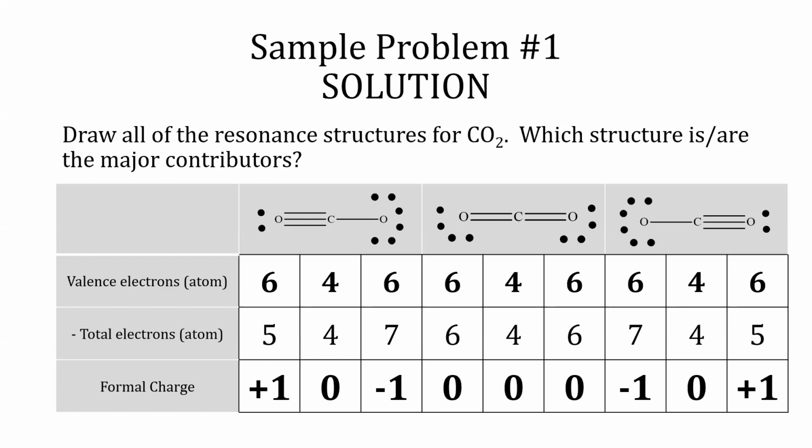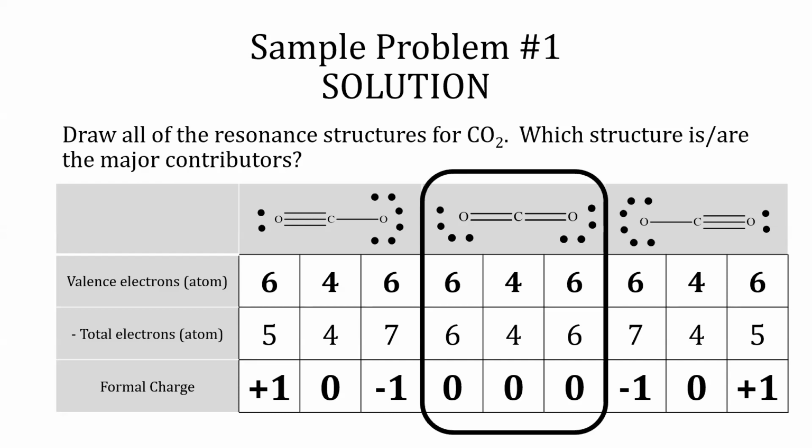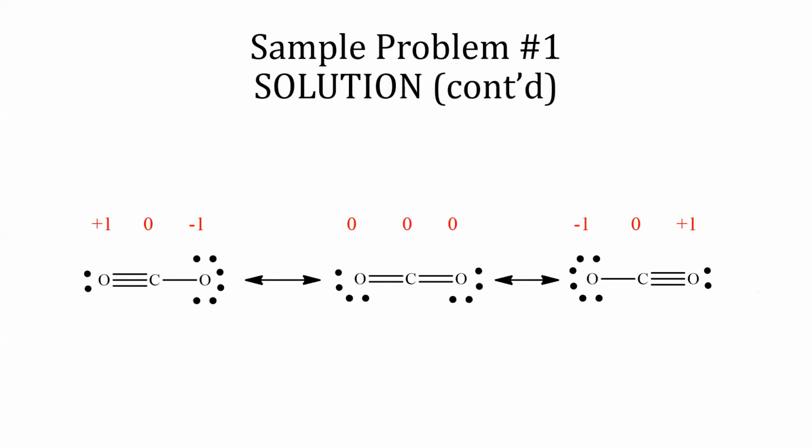The major contributor of CO2 is the middle structure because all atoms are 0 in formal charges. This figure shows the formal charges of all atoms for the 3 resonance structures of CO2.